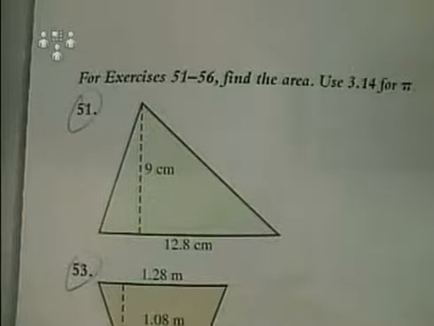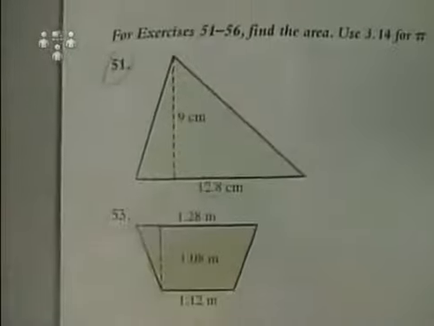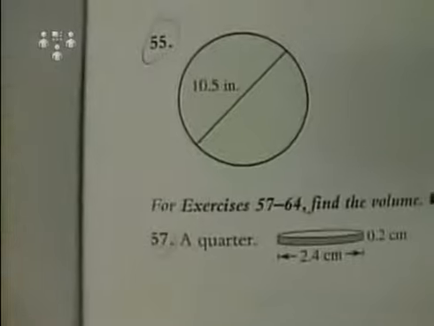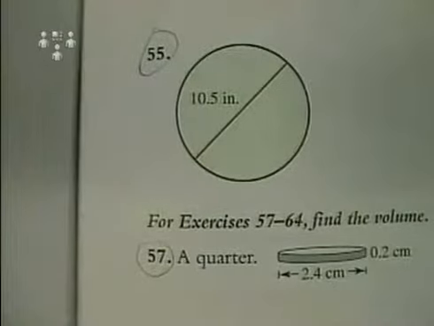Page 467, problem number 51. Then 53 is your trapezoid. 55 is your circle. 57 is really a cylinder, just with a very small height. A quarter is a cylinder.